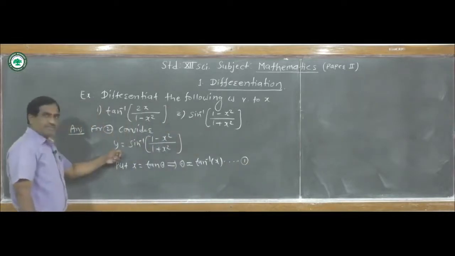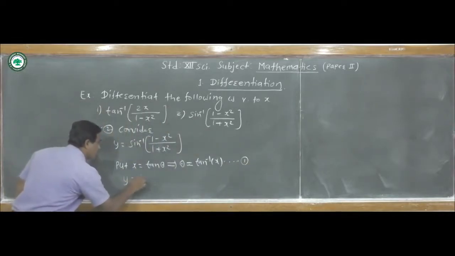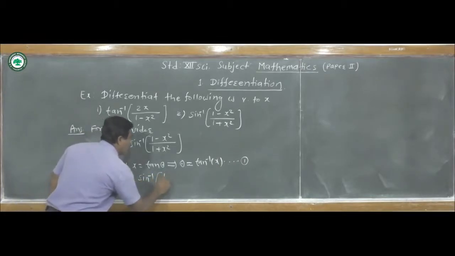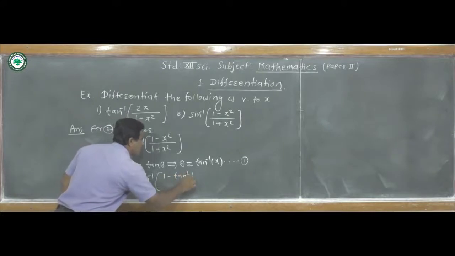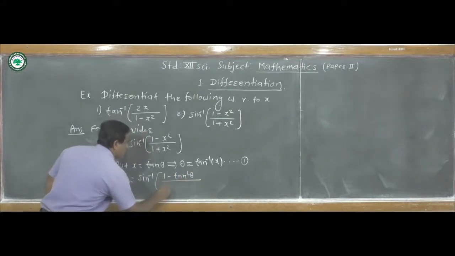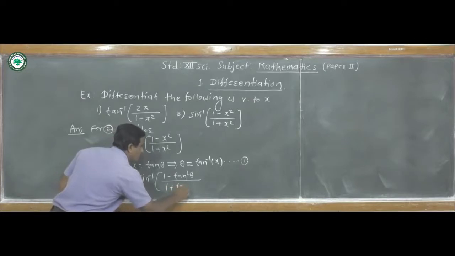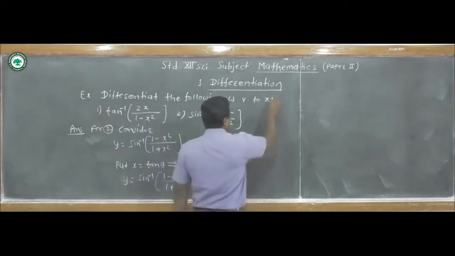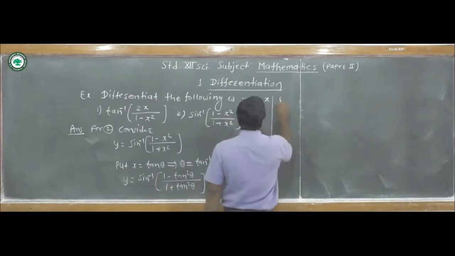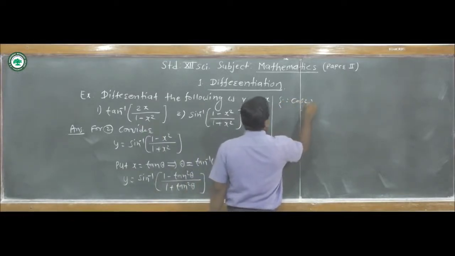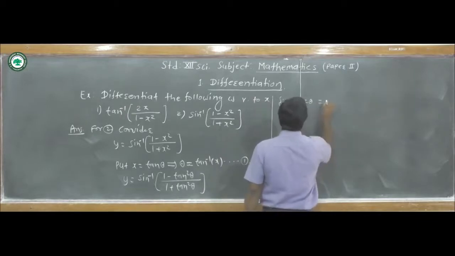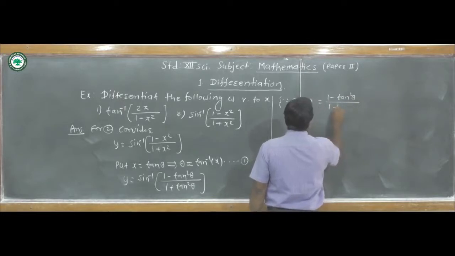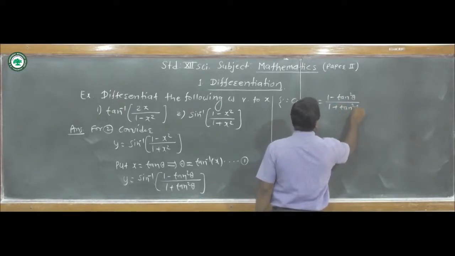Therefore this equation becomes y is equal to sin inverse of 1 minus tan square theta upon 1 plus tan square theta. Okay, now we know that formula, cos 2 theta equal to 1 minus tan square theta upon 1 plus tan square theta.